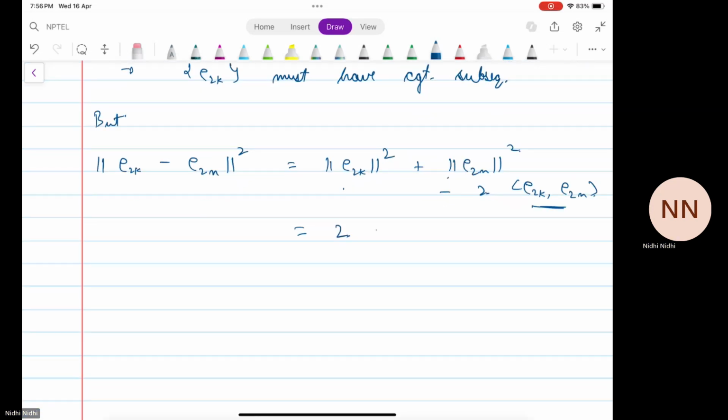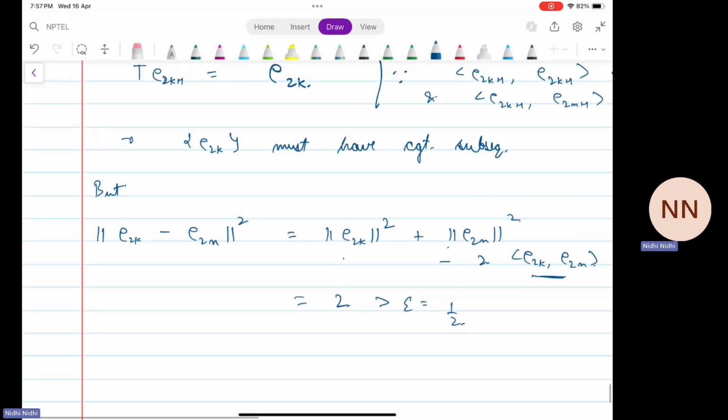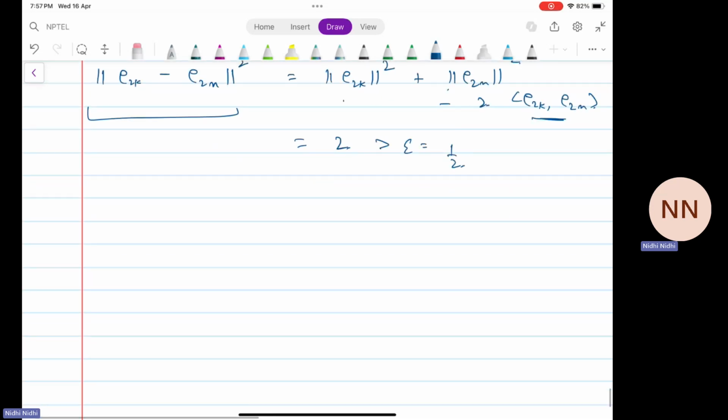So this is always greater than epsilon equal to 1 by 2, or any other small epsilon. So no subsequence of e_{2k} can be Cauchy. Hence, it cannot have a convergent subsequence.